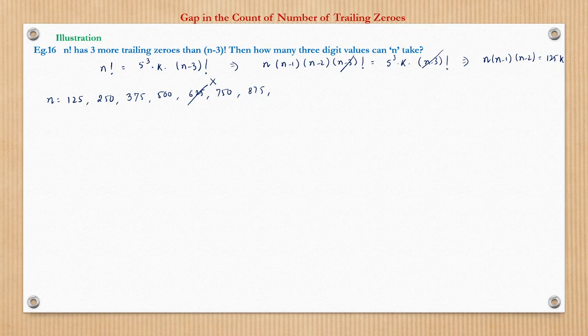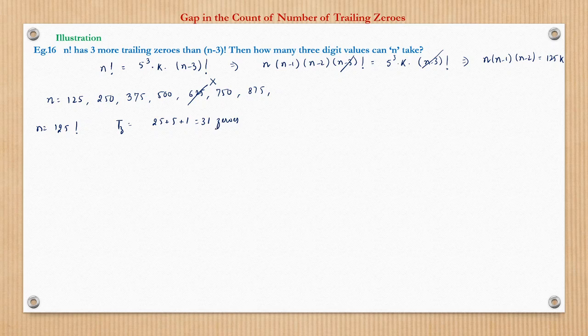So what would it be? Now see, if we take the case of 125, if n is equal to 125, how many trailing zeros would 125 factorial have? This is nothing but 25 plus 5 plus 1, which is 31 zeros. So for 125 to 129, it will have 31 zeros.